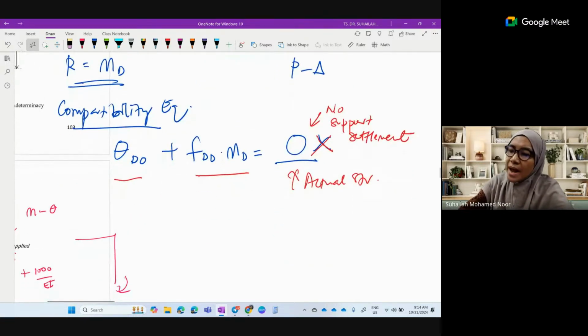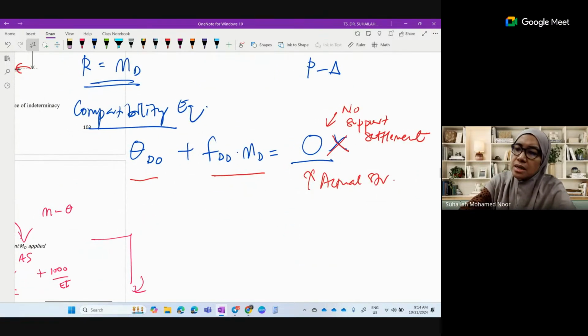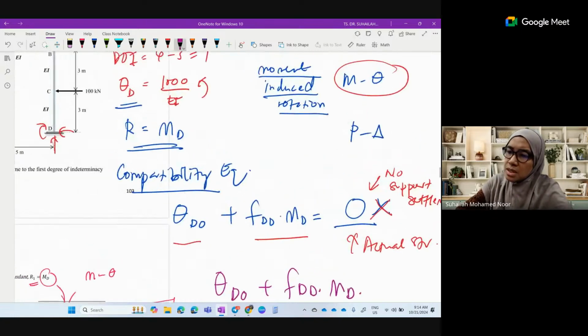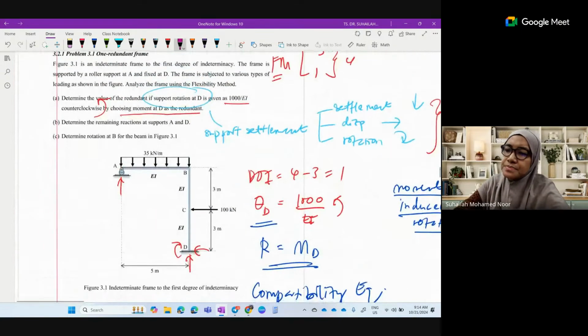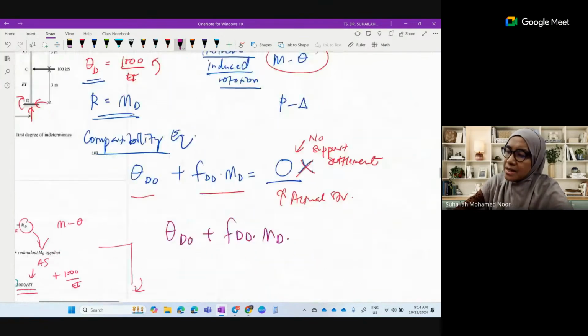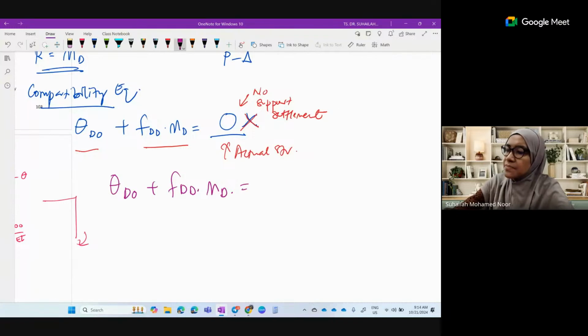So the right compatibility equation should be theta D naught plus FDD times MD, which is equal to the rotation given. Okay, 1000 over EI. So here is 1000 over EI.